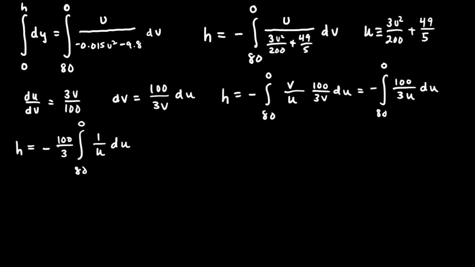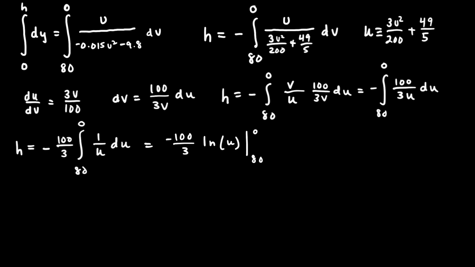And unlike the integral that I have in the top left, this is an integral that I can handle, right? The integral of 1 over u is just the natural log of u. And so I could write this as minus 100 over 3 times the natural log of u evaluated at 80 and 0.